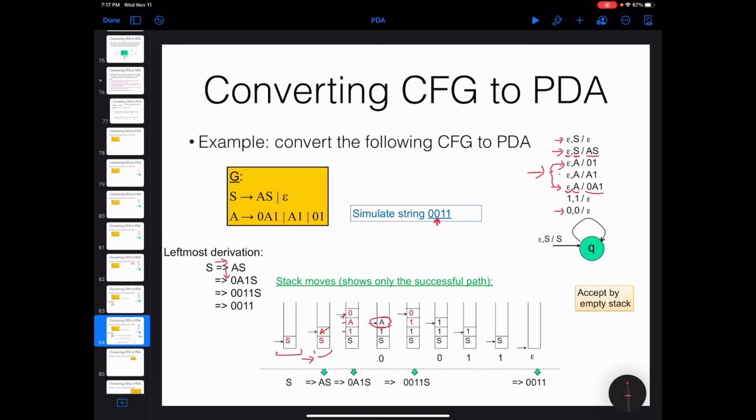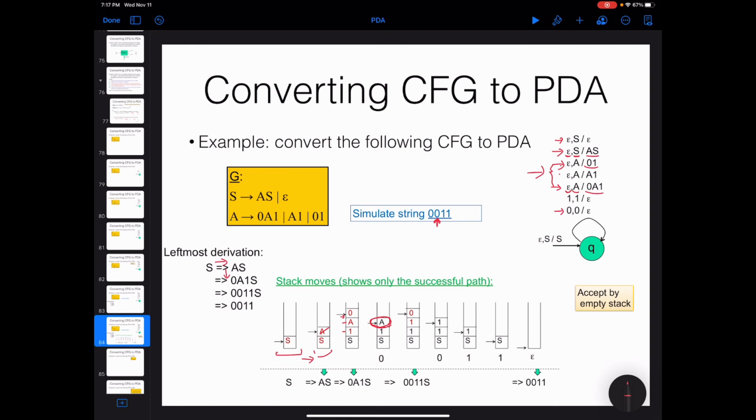So let's apply that transition. If I apply it, A will be removed from the top of the stack, and 0 1 will be pushed to the stack, and I'm not going to consume anything from the input. Still, I'm going to be here. So 0 1 and 0 will be on the top of the stack.